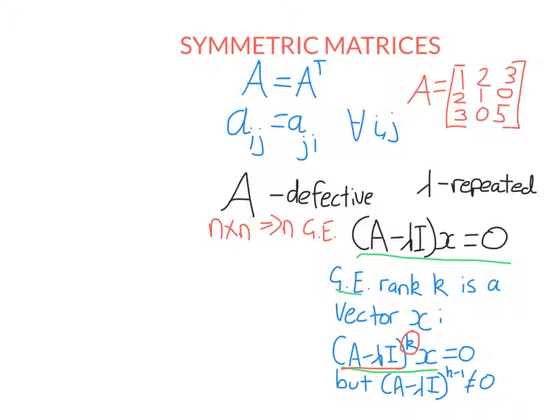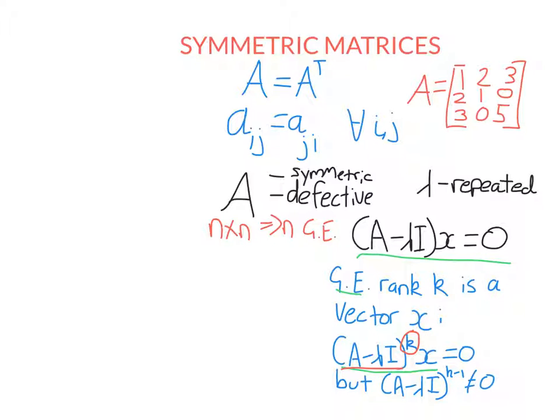So let's now look at a matrix A which is defective, and I'm also going to say that it is symmetric. Because it is defective, it will have at least one generalized eigenvector whose rank is more than 1.